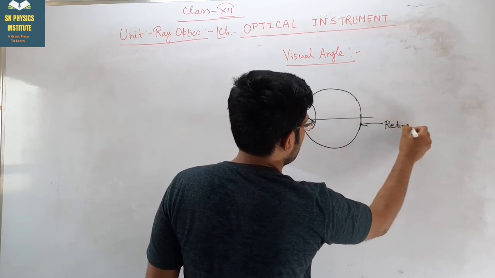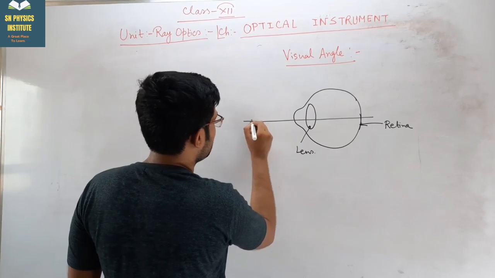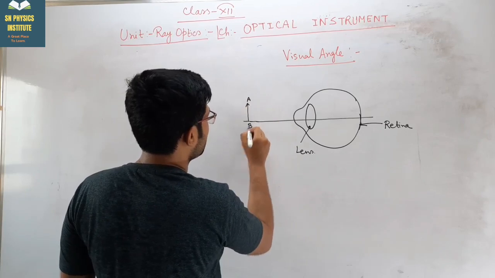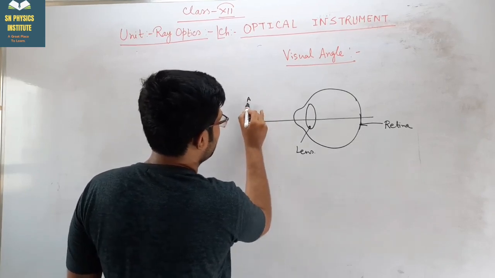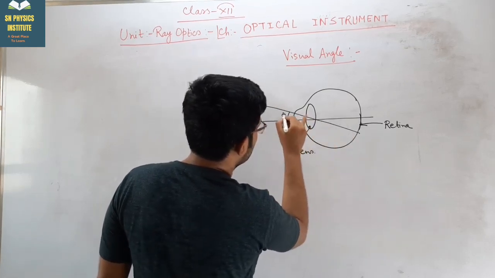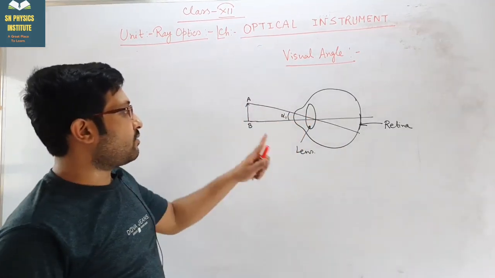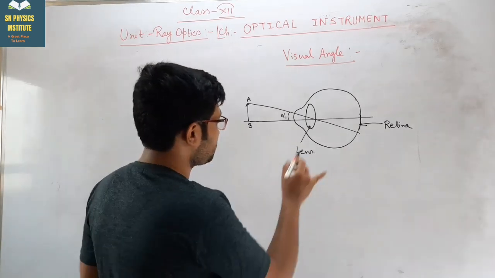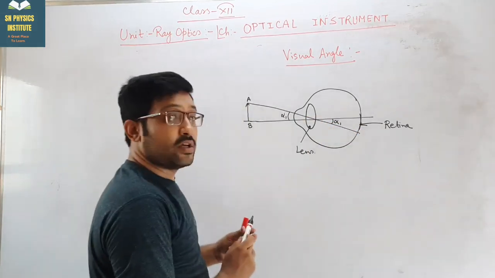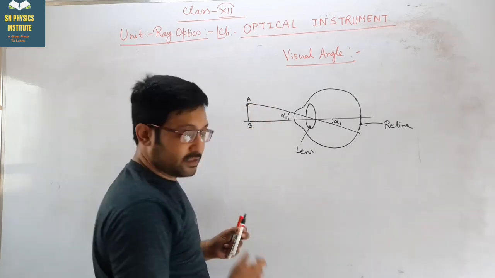Suppose this is the object AB, and this AB object makes an angle, say alpha 1. If this is alpha 1, then this angle must also be alpha 1.